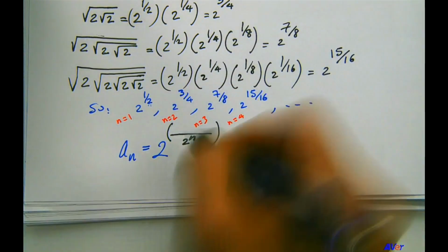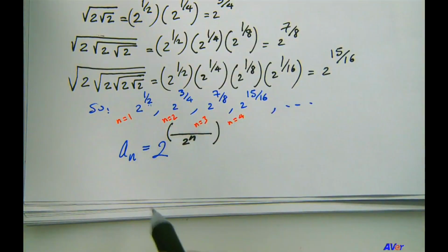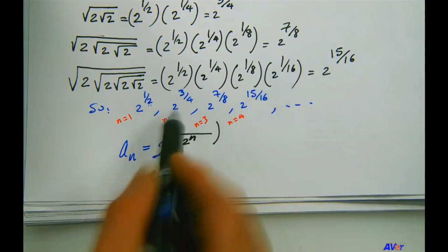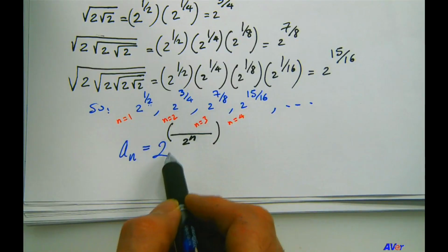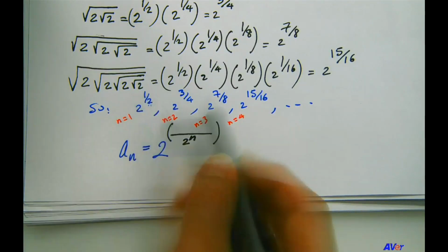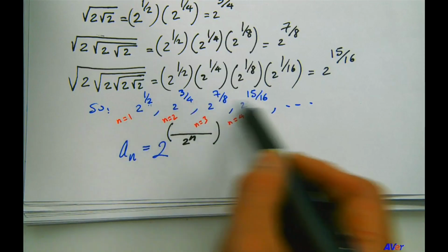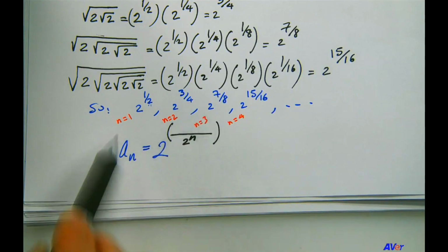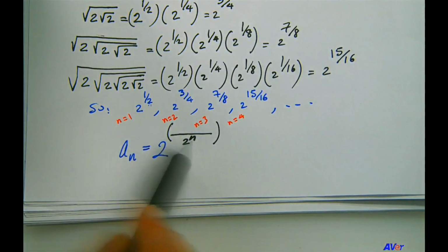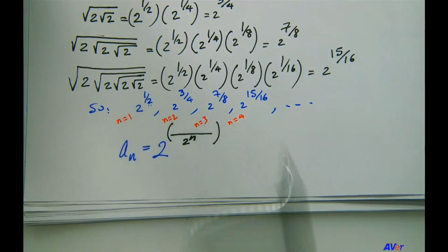We're trying to figure out what that power should be, because 2 is common at the base of this sequence. We've almost figured out the denominator of that fraction. 2 to the nth power is going to give us that. For the first term, 2 to the first power is 2, which is what we have.